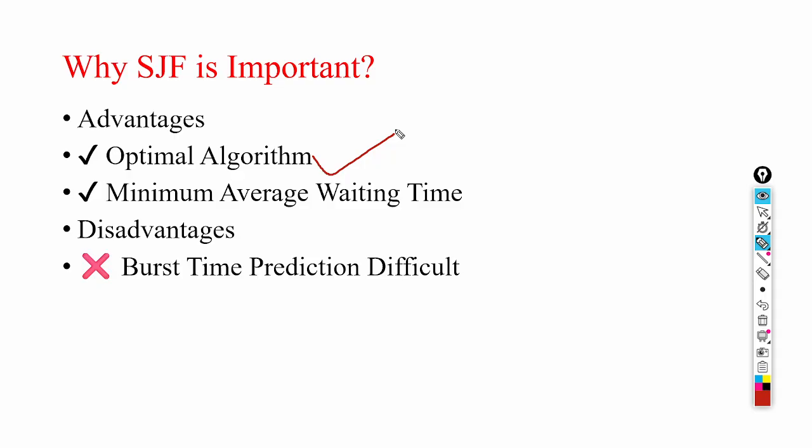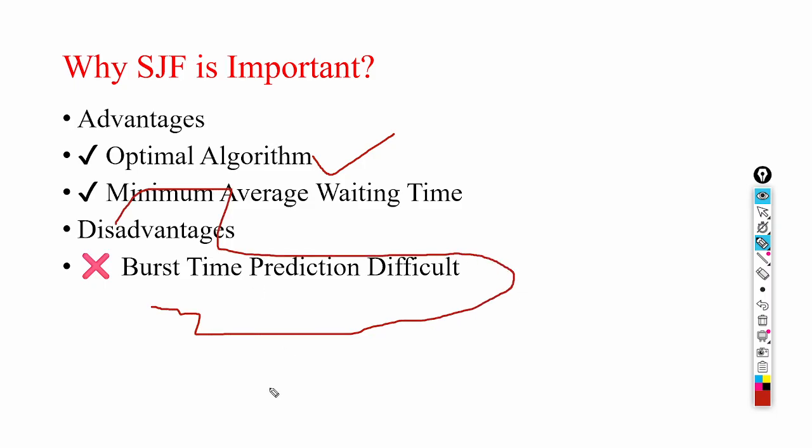This is one of the most important points for UGC NET and TGCET exams. However, SJF also has a limitation. The operating system cannot always predict the next CPU burst time accurately. Since the future execution time is usually unknown, implementing pure SJF becomes difficult.